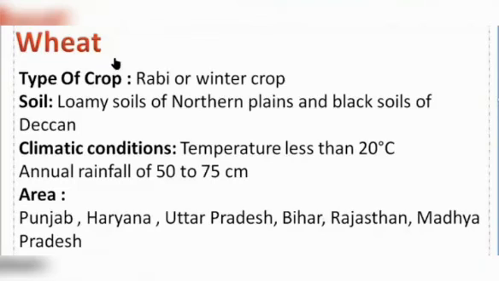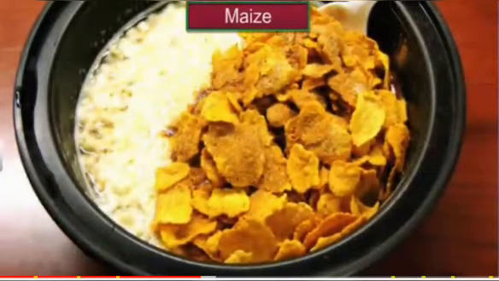Okay, next, maize. This crop is used both as a food and fodder. It is a Kharif crop and grows well in old alluvial soil for best growth.